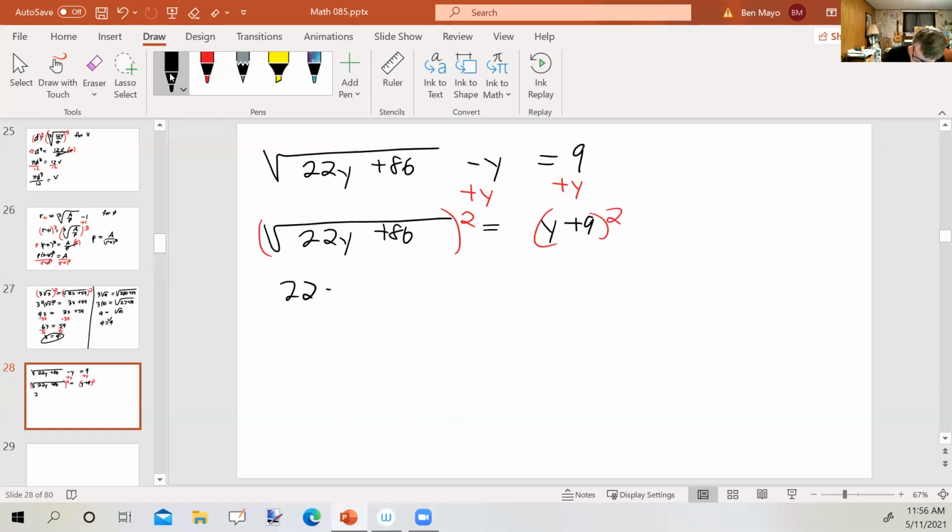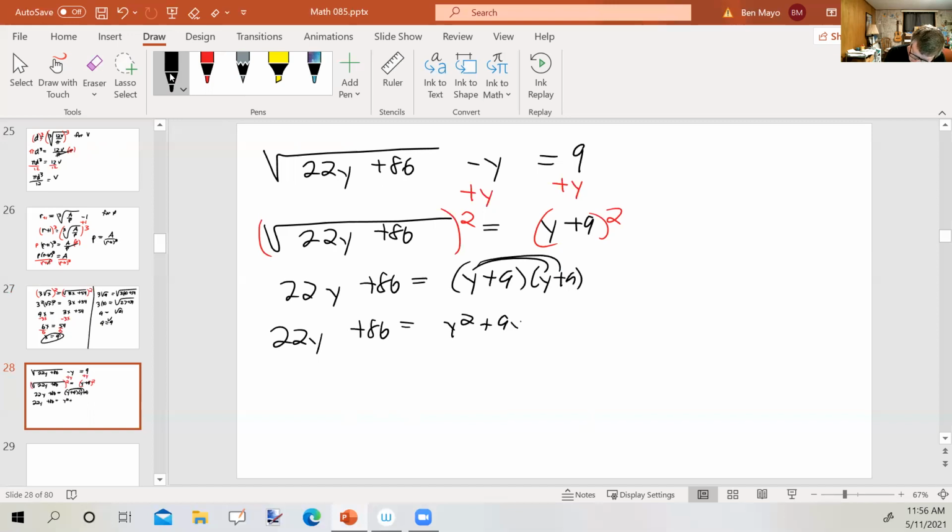So 22y plus 86 equals y plus 9 times y plus 9. 22y plus 86 equals y squared plus 9y plus 9y plus 81. 22y plus 86 equals y squared plus 18y plus 81.